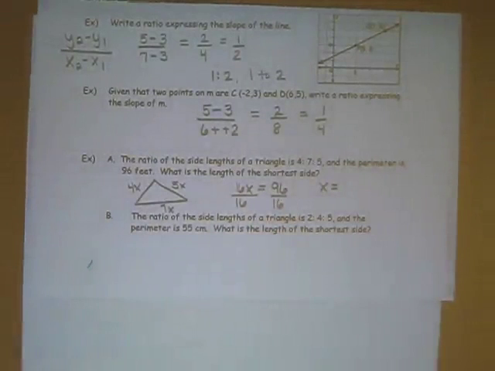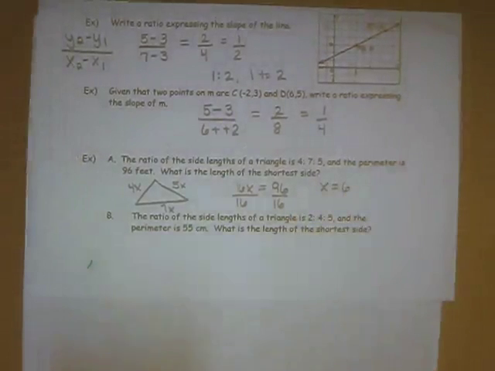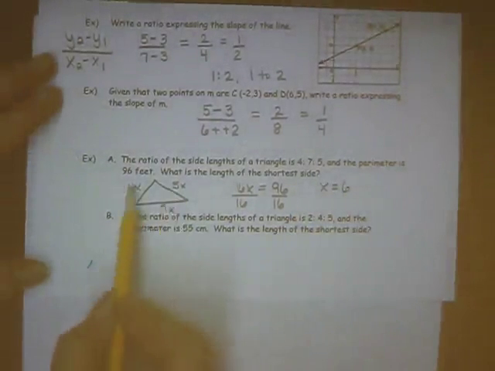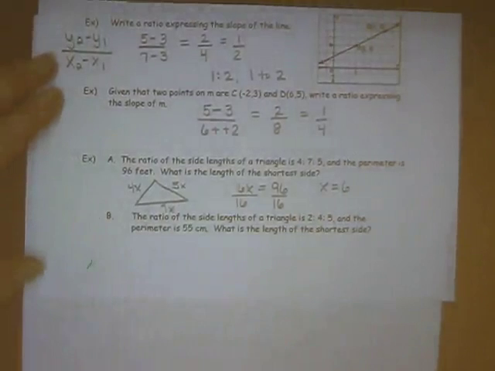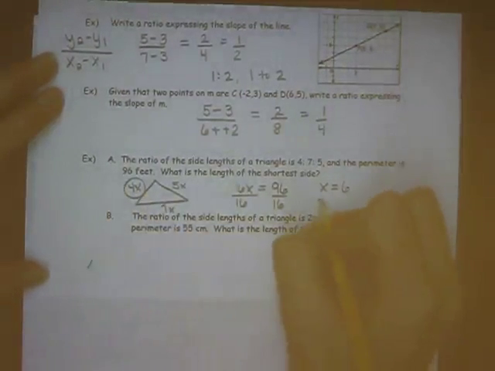In this situation, 96 divided by 16 will get you the number 6. And then once you get the number 6, you are going to plug that value in for the shortest side. If you go back to your triangle, you then plug 6 in for x in your shortest side. 6 times 4 is 24 feet.